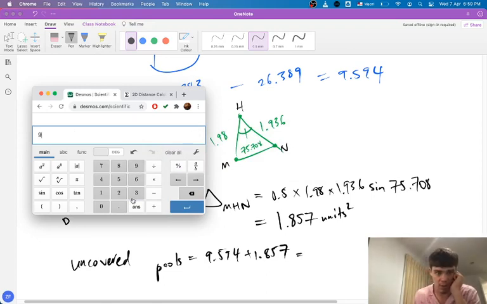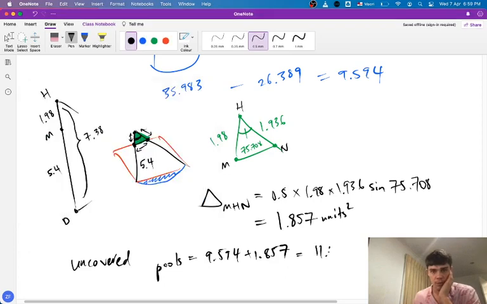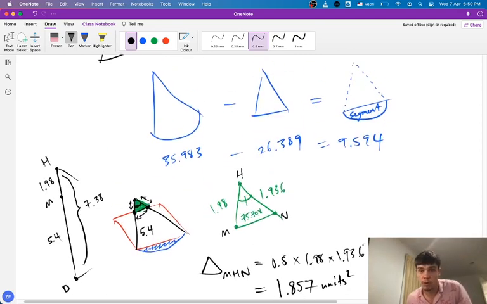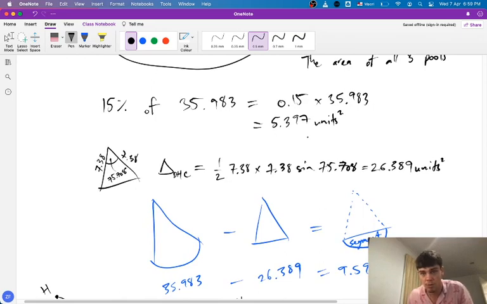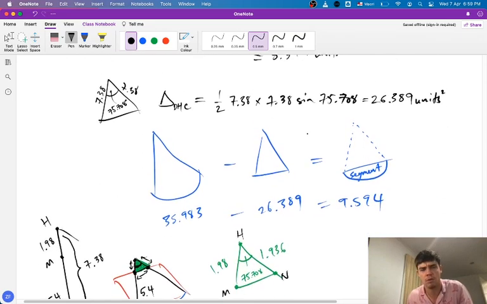And as a teacher, we can go and check and be like, oh, they just made a calculation error here. 9.594 plus 1.857, which makes that 11.451. Uncovered pool's area is that. Now, we already worked out what 15% of the overall one was, and that was 5.397.